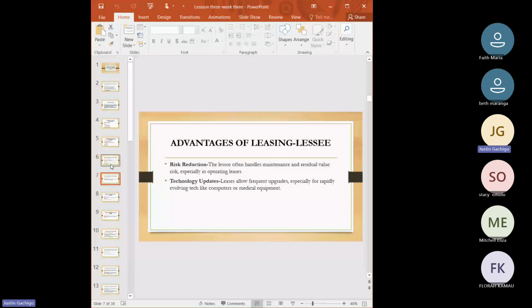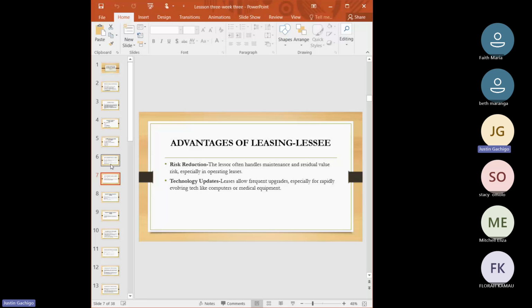So risk reduction, the lessor often handles maintenance and residual value risk, especially in operating lease. So risk reduction is whereby the lessor takes care of any risk. For example, the building that you live in, because in most cases the ones for buildings are normally operating leases, extended to a 1 year period.